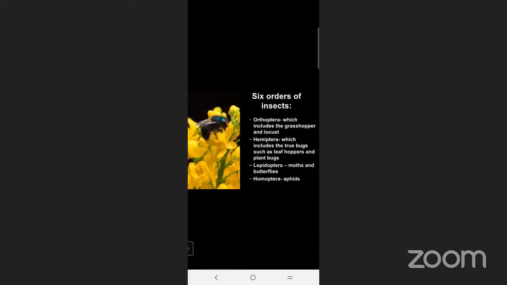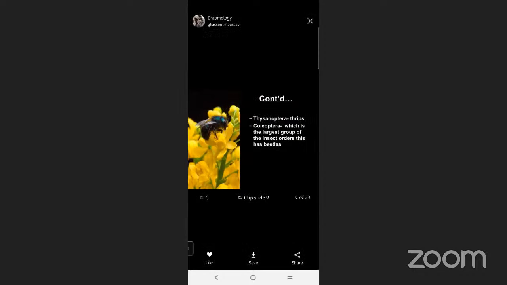Next main order we come across here is Hemiptera. We see the honeybees in this class, and Lepidoptera, all the butterflies. So these are some orders that we mainly see around us. We have to know them as entomology students.